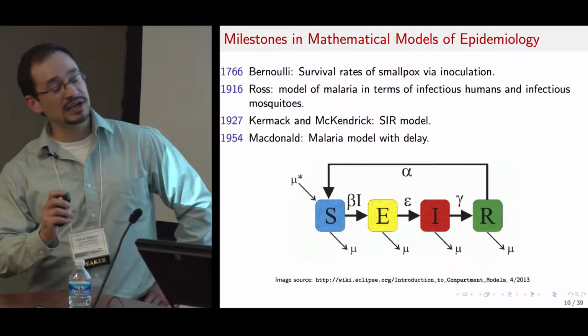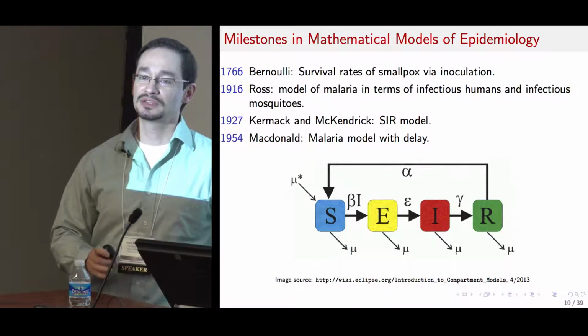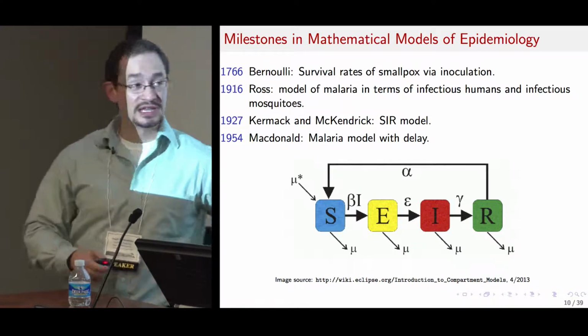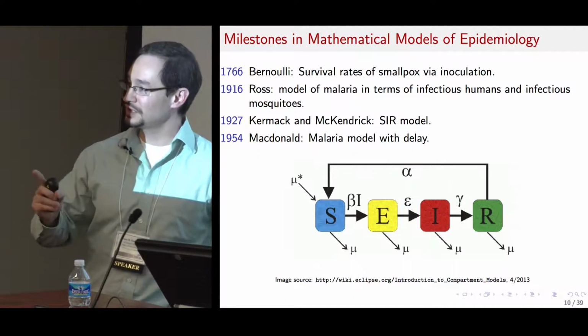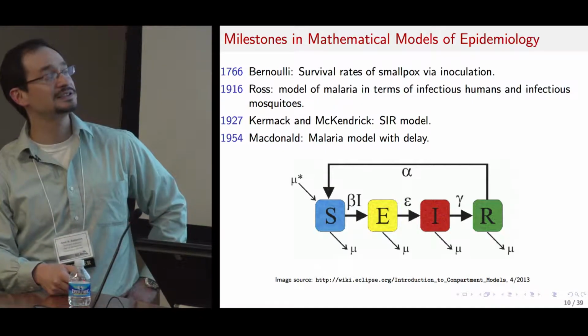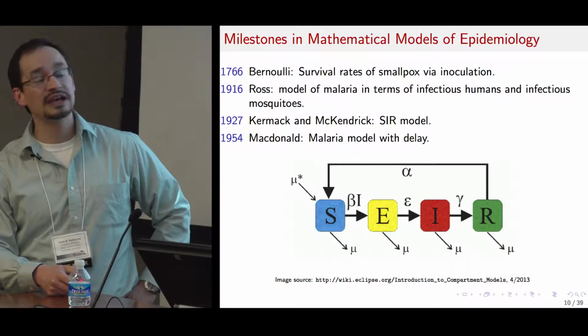So let me just signal 4 points that are critical points, transitional points in the application of mathematics to biology. The first point is 1766. You saw the quote, so if you say it again, you remember. Daniel Bernoulli, 1766. Survival rates of smallpox via inoculation.